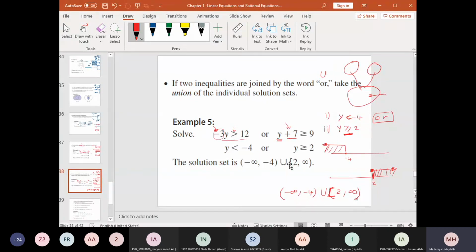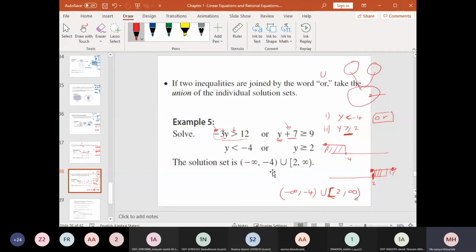So there is a difference between or and and. By the way, if it said and, in this case what is the solution? What do you think? This interval intersection this interval, is there anything common between here and here? No. So it would be the empty set, no solution.